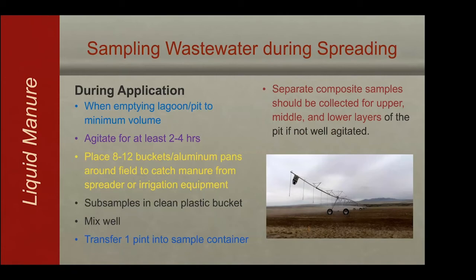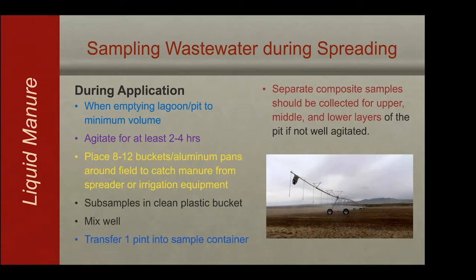And oftentimes, more often than not, that lagoon water is being applied as irrigation water, oftentimes through a pivot or a sprinkler system. If you don't really want to go crawl around the lagoon for whatever reason, you can sample it as it's being applied.